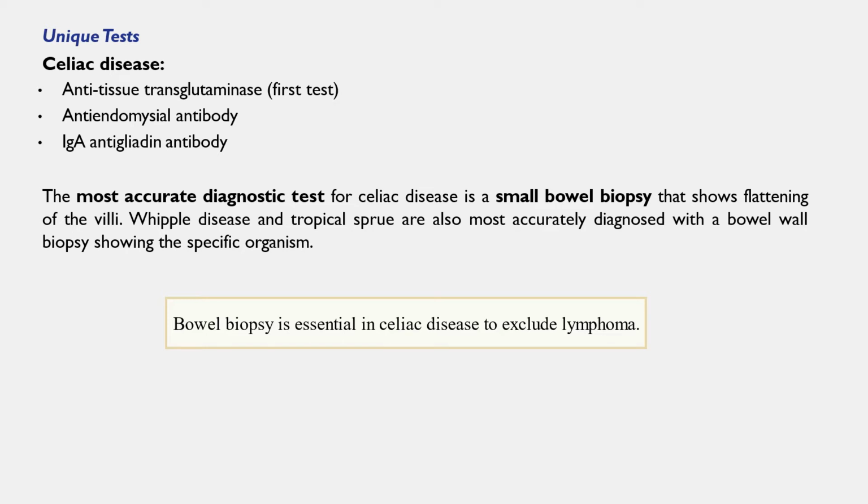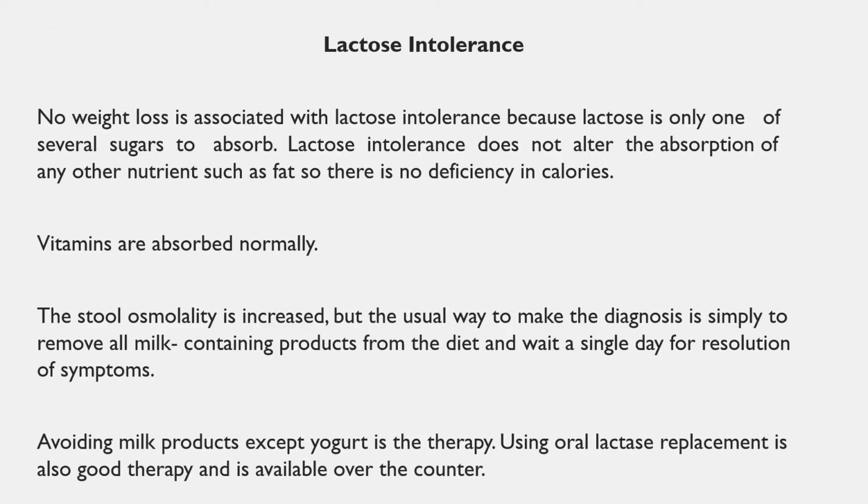For Whipple disease and tropical sprue, the most accurate diagnostic is also bowel wall biopsy showing a specific organism. Here's the clinical tip, which states that bowel biopsy is essential in celiac disease to exclude lymphoma.